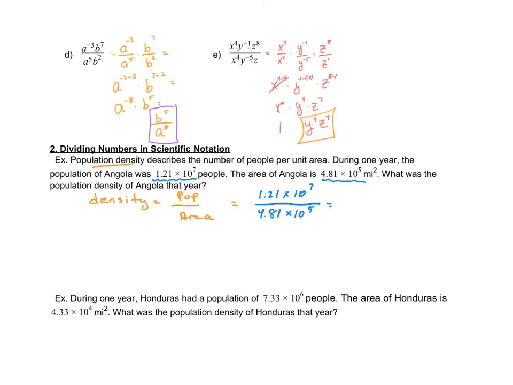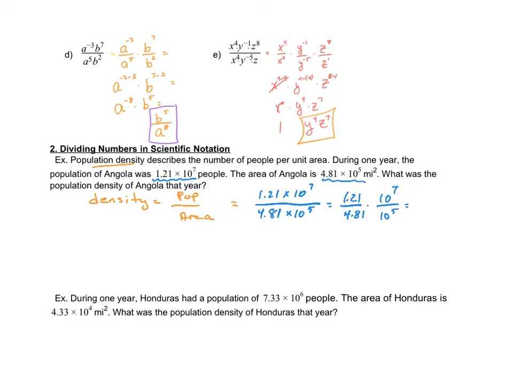I can do some simplifying there, but let's just group the things that we know go together. I have 1.21 and 4.81 times 10 to the 7th over 10 to the 5th.